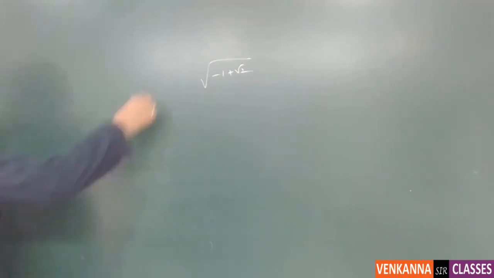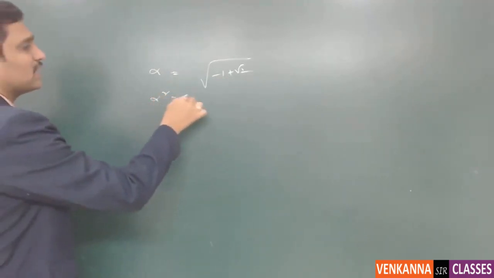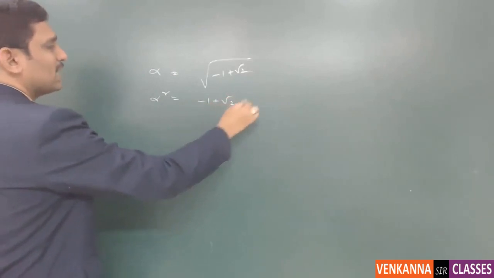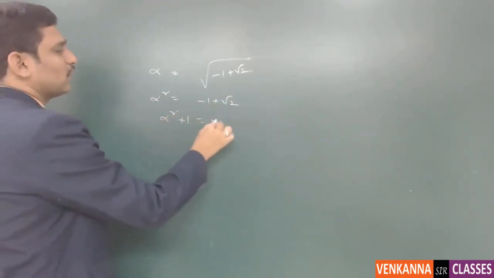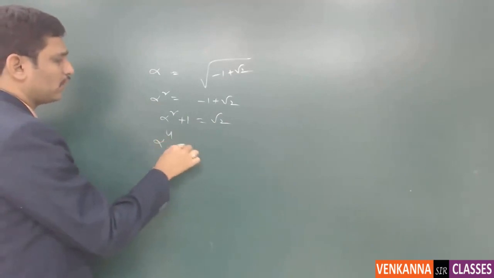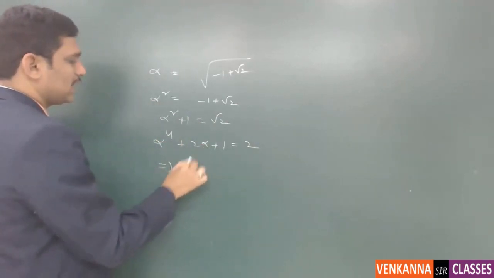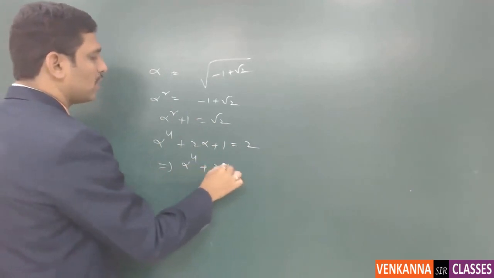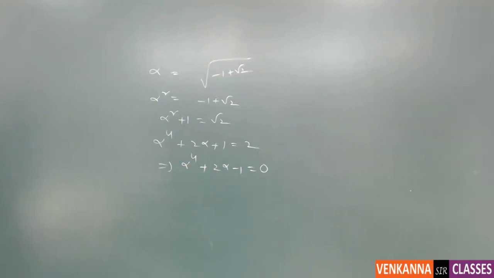So if we take that this is equal to alpha, squaring on both sides, you will get alpha square is equal to -1 plus root 2, implies alpha square plus 1 is equal to root 2. Again, squaring on both sides, you will have alpha power 4 plus 2 alpha square plus 1 is equal to 2, implies alpha power 4 plus 2 alpha square minus 1 equal to 0.